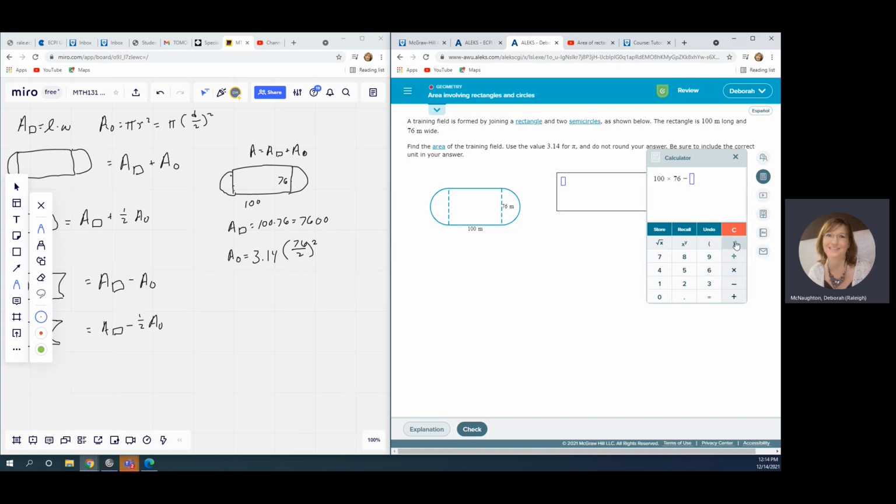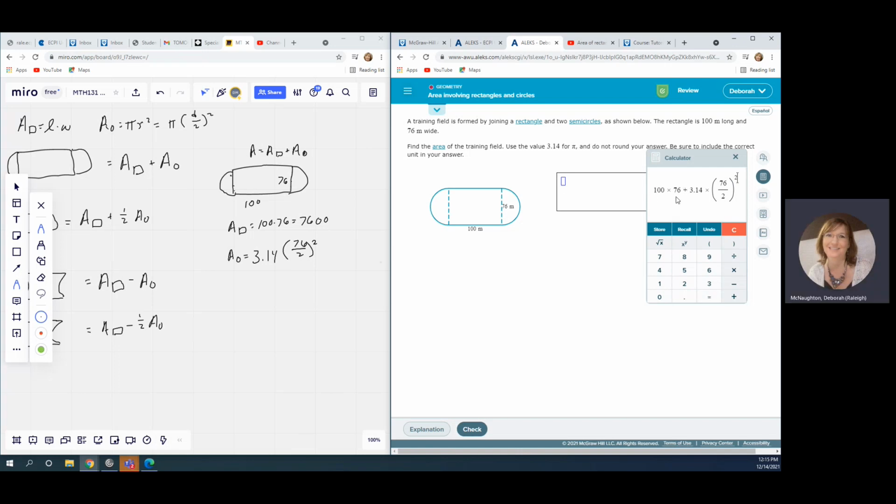Oops, and that should be plus, undo, plus the area of the circle, which is 3.14 times parentheses 76 divided by 2. I need to move this out to add the parentheses. Then I'm going to square that piece. And then now I have the whole thing.